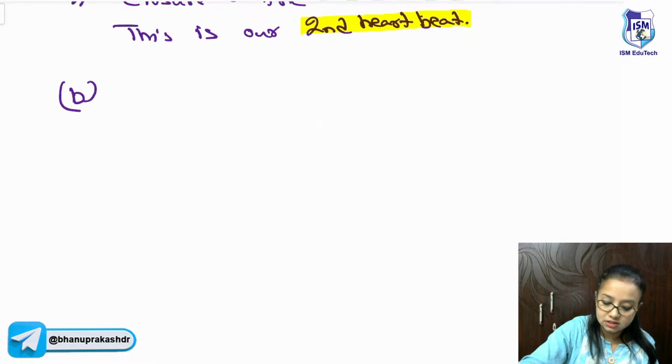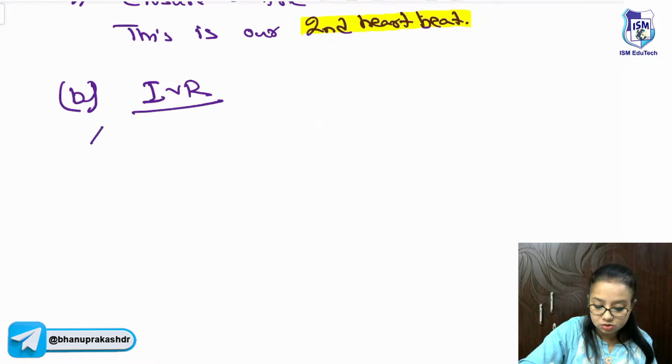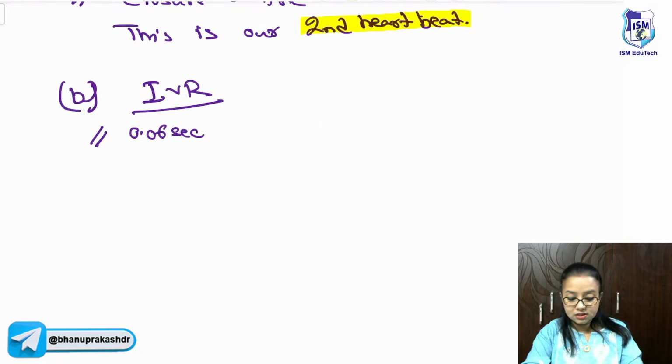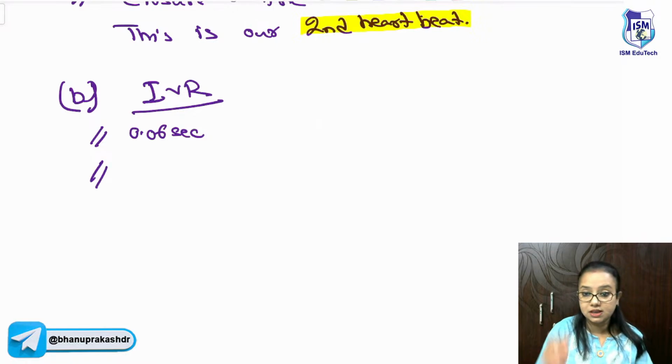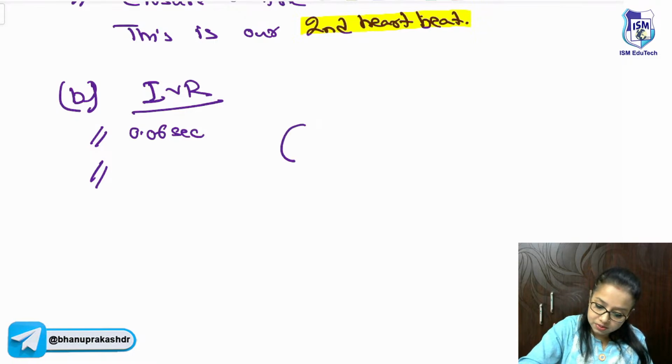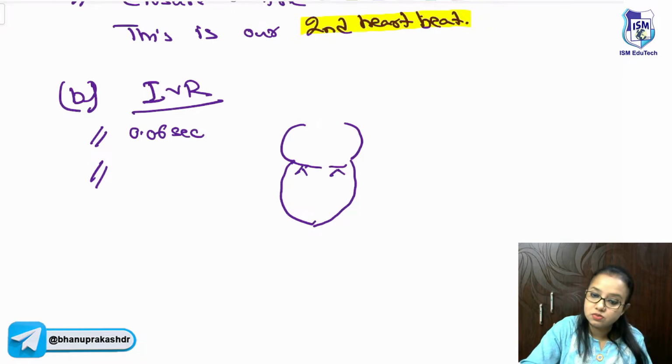Now comes the second stage, the isovolumetric relaxation. The duration is about 0.06 second. So what happens here? At the beginning of this isovolumetric relaxation, we have seen the semilunar valves are closed, and previously the AV valves were also closed.